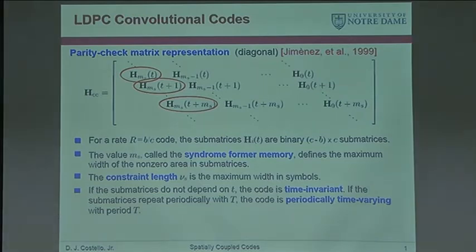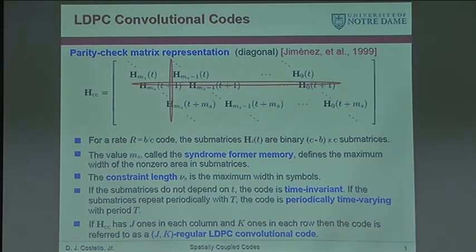We did not talk about any time varying codes in that case. But with low-density parity check codes, there's no reason why the codes have to be time invariant. It's not a particular advantage, so to speak. And if the submatrices repeat with some period T, then they're periodically time varying.